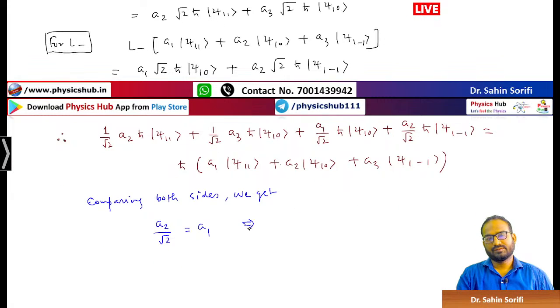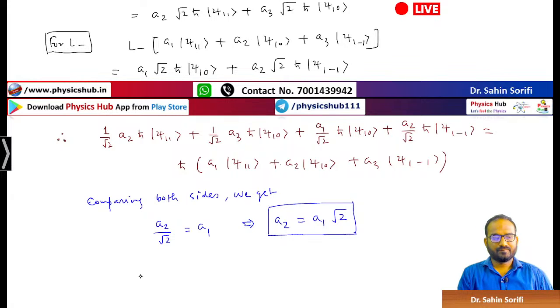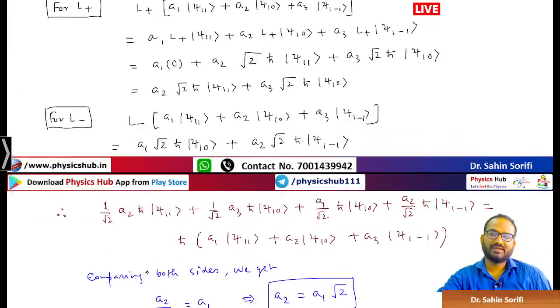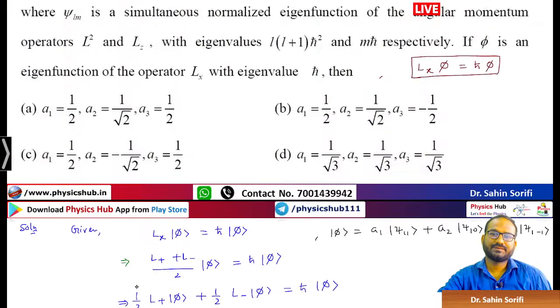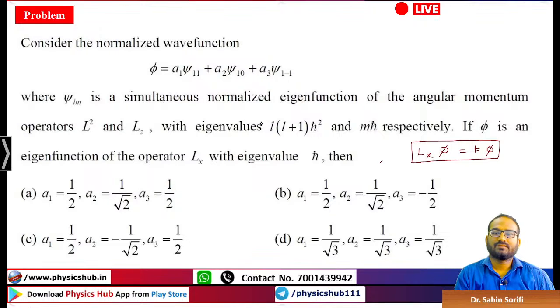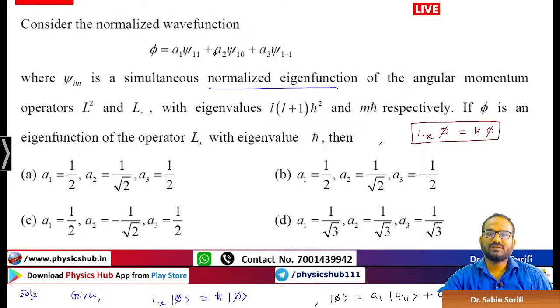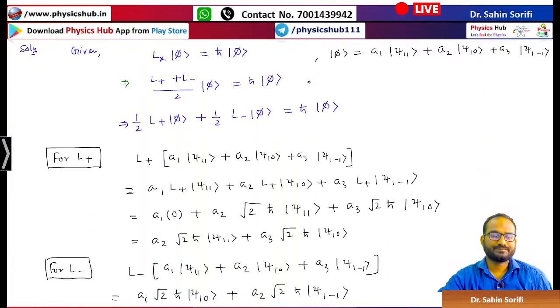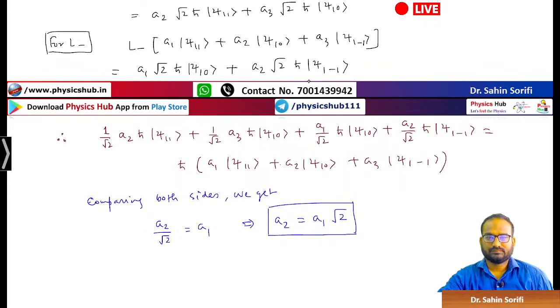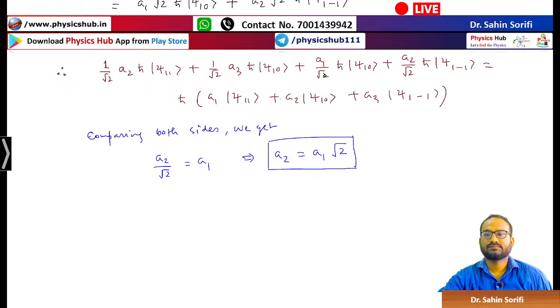So from this, a2 is equals to a1 root 2, and we also know that if psi is normalized, psi lm is a simultaneous normalized eigenfunction. So we can write mod a1 square plus a2 square plus a3 square is equals to 1. Isn't it?